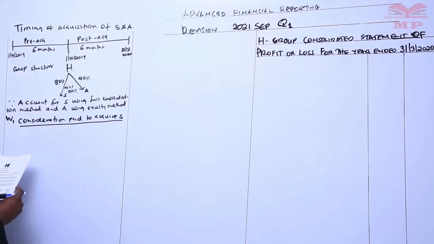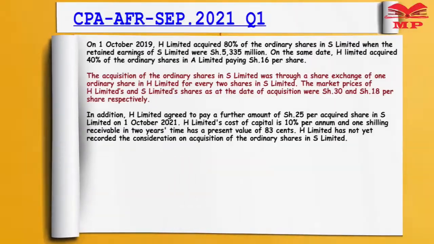The information on how to determine this is in paragraph 2. The acquisition of the ordinary shares in S was through a share exchange of 1 ordinary share in H for 2 shares in S. The market prices of H and S shares at the date of acquisition were 30 and 18.